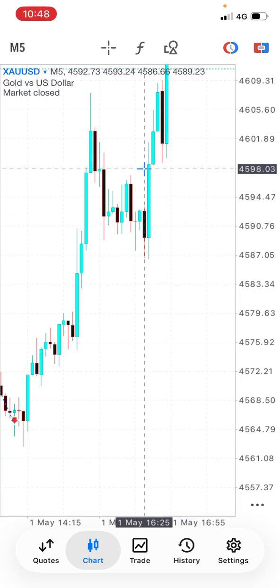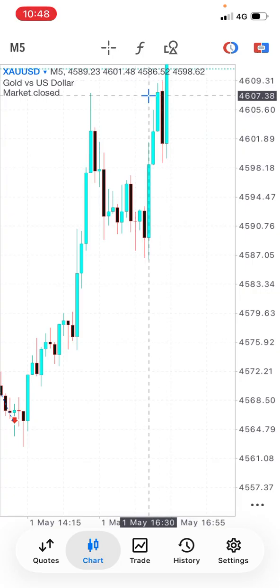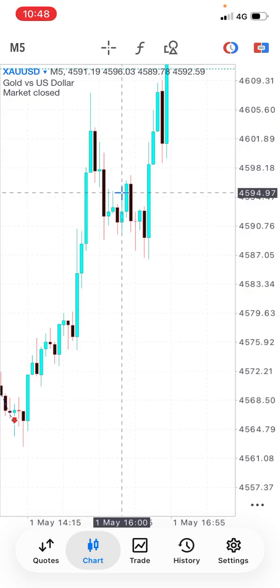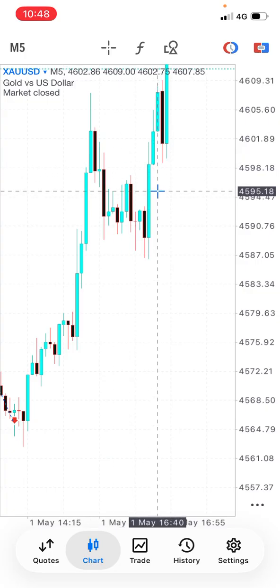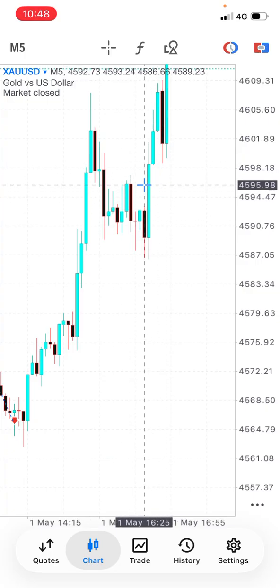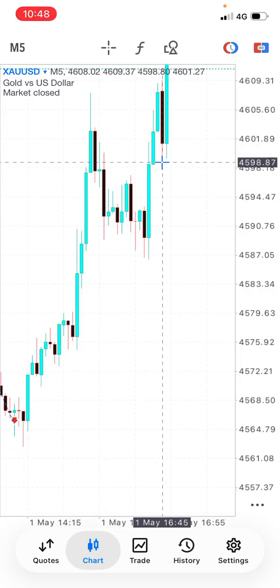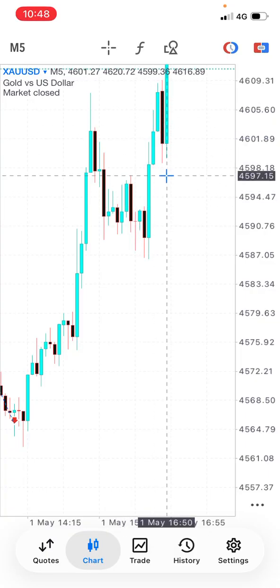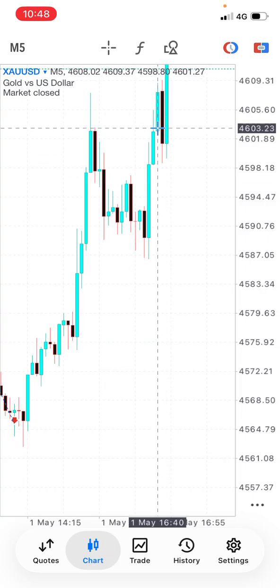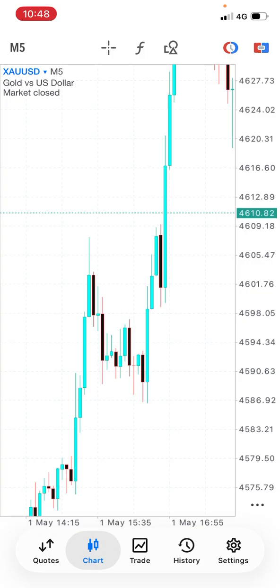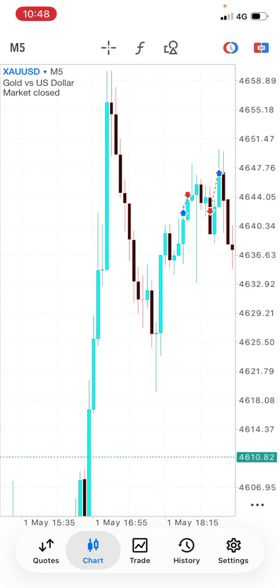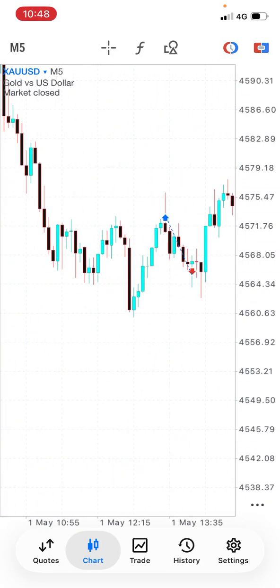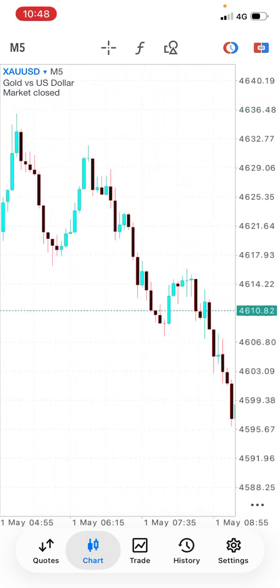This and this week. And when price comes back to this area, but it's not a valid imbalance. So price did not come here to retrace and go up. So we have to find the valid imbalance.